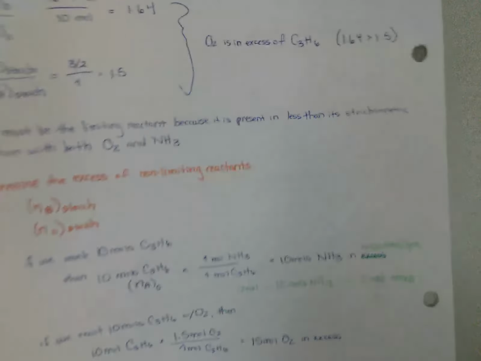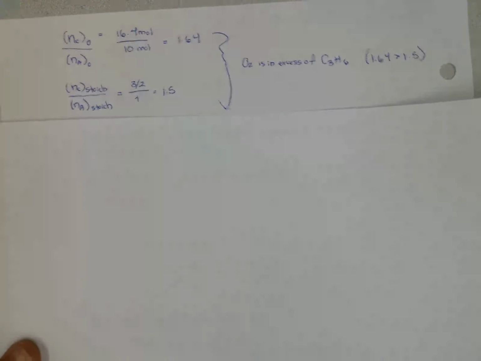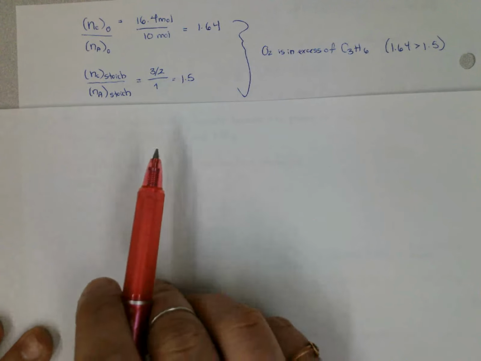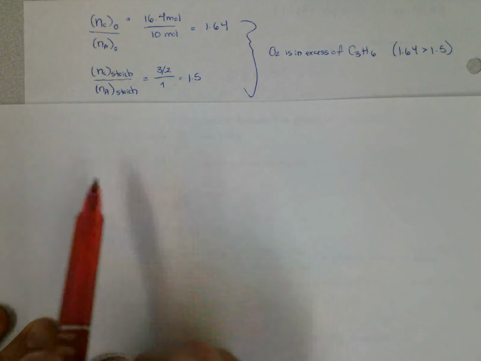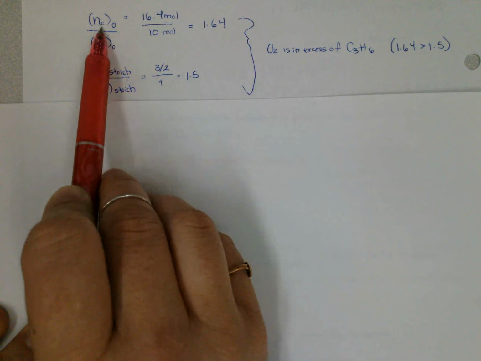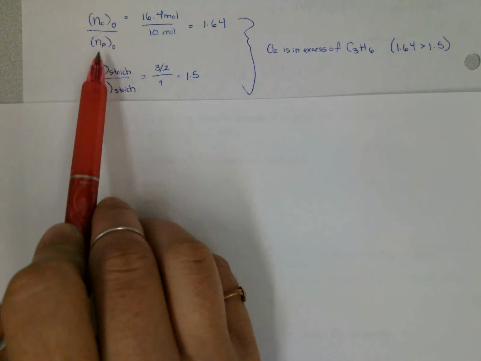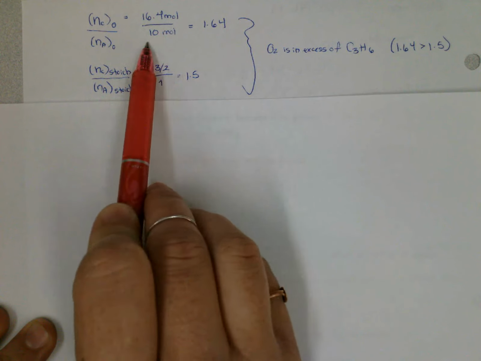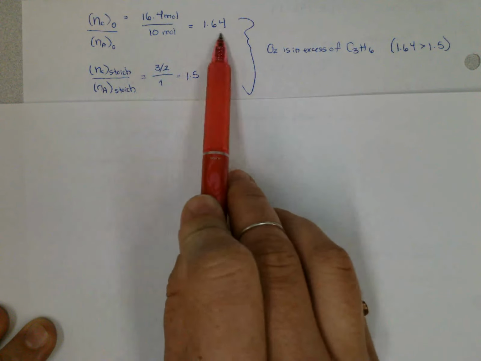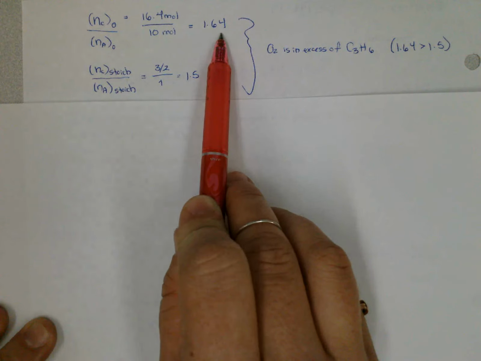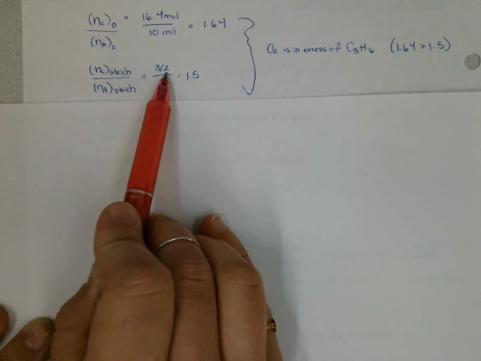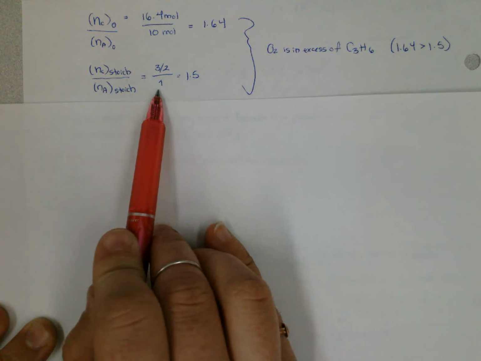All right. We should also do a check on oxygen as well, because we can't assume that just because it's air and it's always going to be continuous that it's not limiting. So let's make sure we do that check. If we look at oxygen in relationship to propylene, we have 16.4 moles in relationship to 10 moles. That gives us a 1.64 ratio. If we look at the stoichiometric ratio, these are the coefficients: the 3/2 comes from the O2, the 1 comes from the propylene.